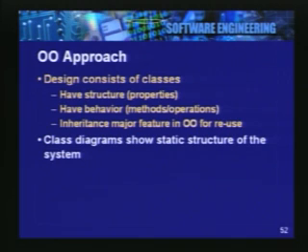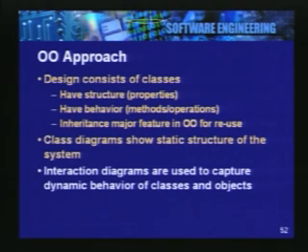The class diagram identifies what are these different class components, and besides the class diagram we use interaction diagrams which indicate the dynamic behavior of the system in terms of classes interacting with each other. So, we will see this object oriented approach subsequently in much more detail.